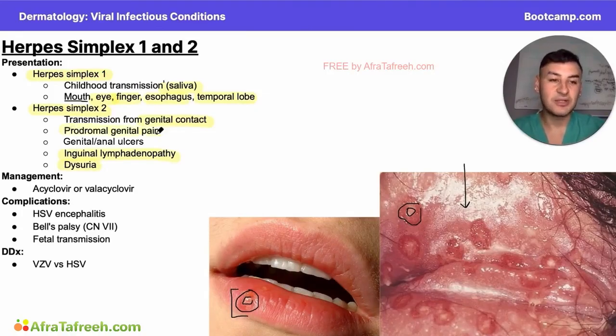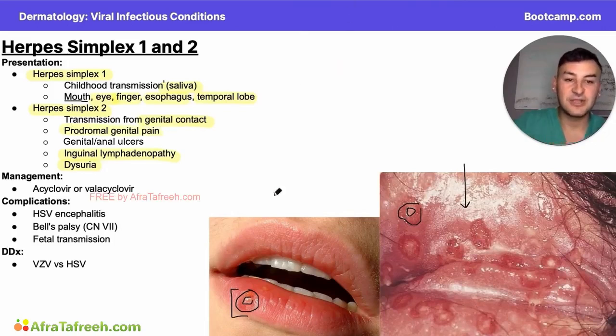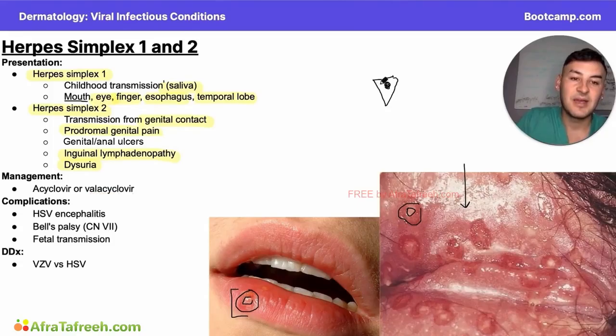So I want to draw some pictures now and describe this interesting constellation of symptoms, okay? So here I'm going to have a focal point of what is going to be my sacral ganglia, okay? So here is my sacrum, and we know that the sacral ganglia pop out here, and they innervate all the structures in our pelvic region, okay?